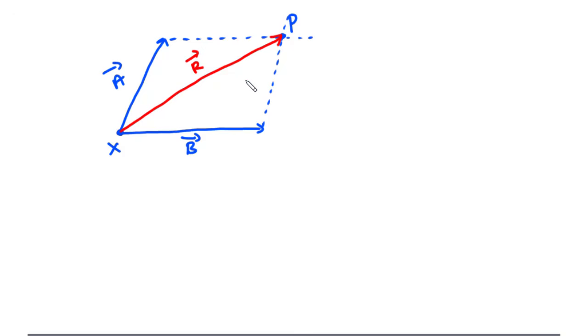Normally, after finding the resultant vector, you will be asked to find the angle the resultant vector makes with the positive x-axis. So now let's talk about the angle properties of a parallelogram.